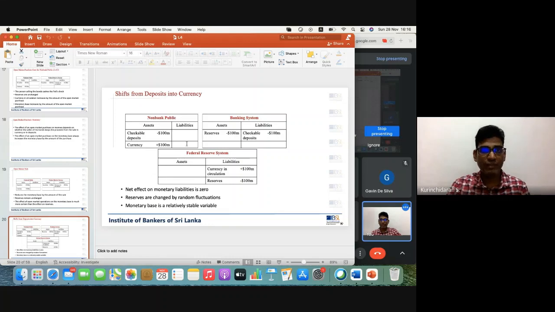Okay, I will go through this one, deposit to currency, right? Okay, now non-bank public and banking system and central bank, right? Now, central bank is going to sell the securities, what will happen? Any idea?